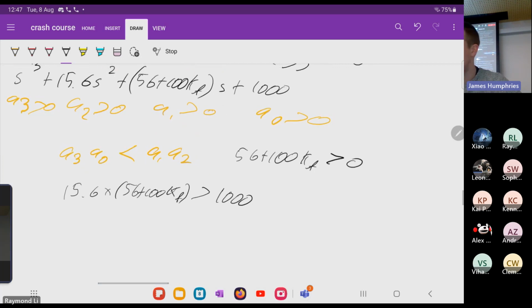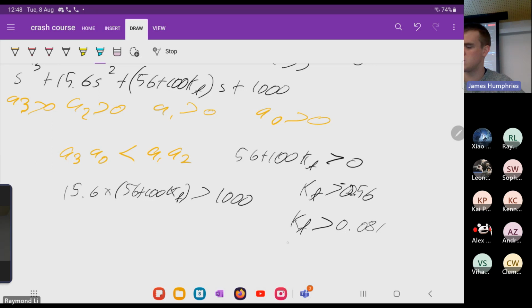So you end up with this one saying that KT must be greater than minus 0.56 divided by 100, which is negative. Hopefully you can still read that; handwriting is definitely not the best. And then the other one here is KT must be greater than 0.081. Since this one includes both the regions, that's our final answer.